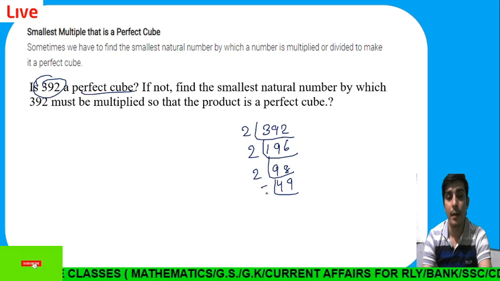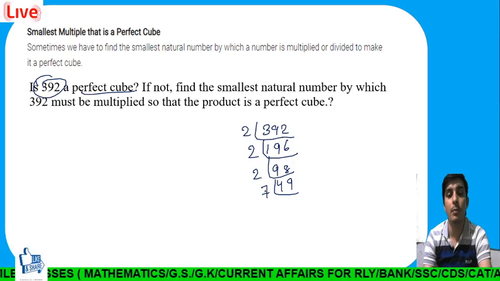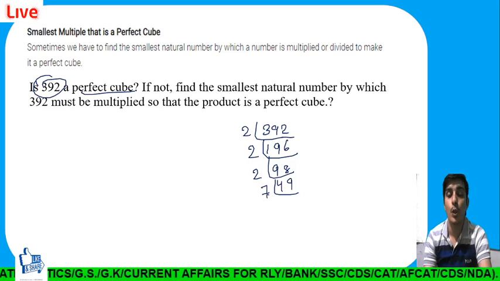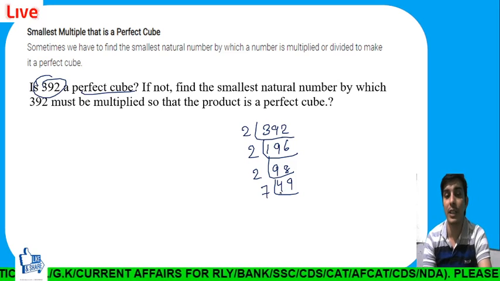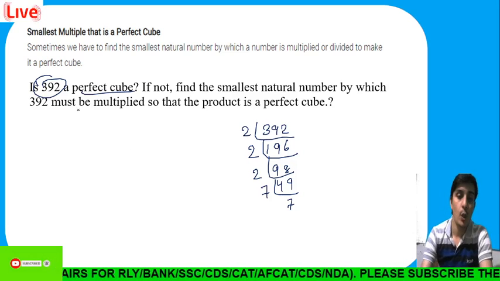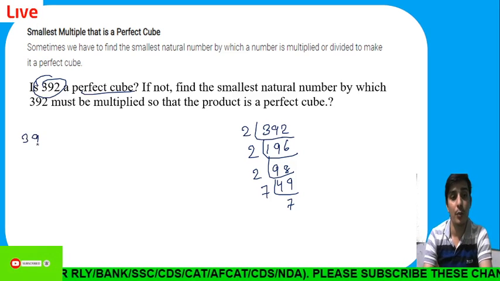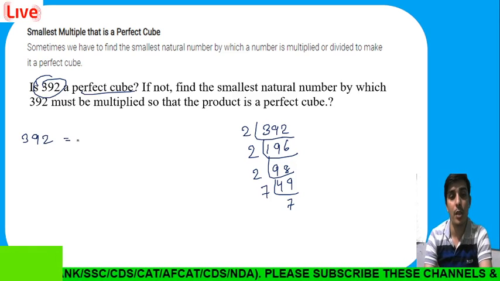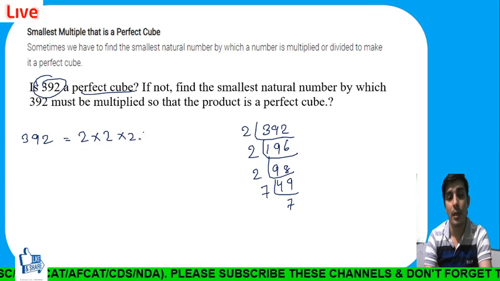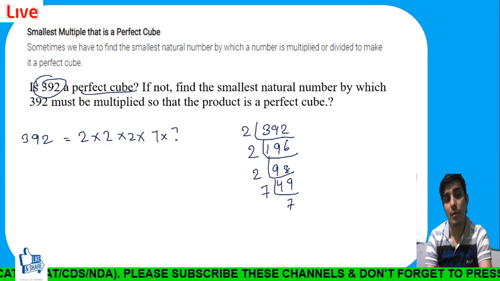Okay, and now it is not divisible by 3, it is not divisible by 5, then we can divide by 7. So 49 is divisible by 7, so we can write here 7 into 7. So we can write here 392 is equal to 2 into 2 into 2 and 7 into 7, right?